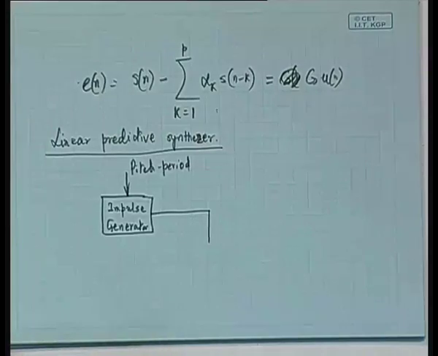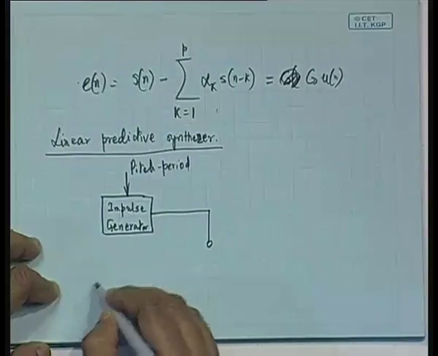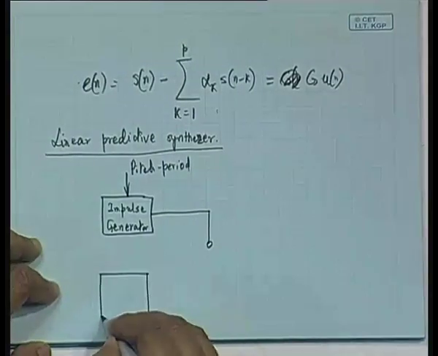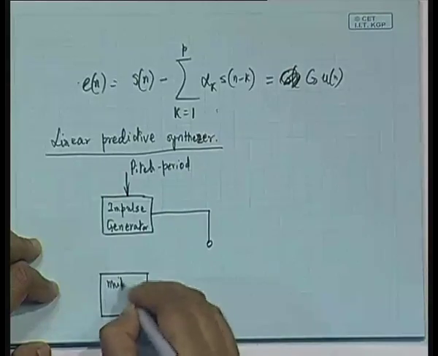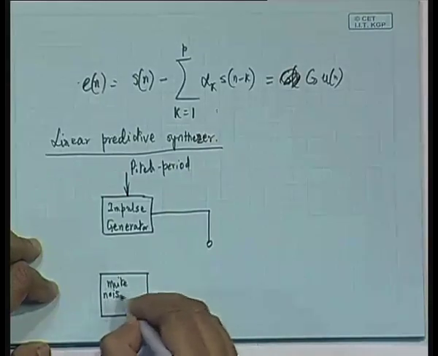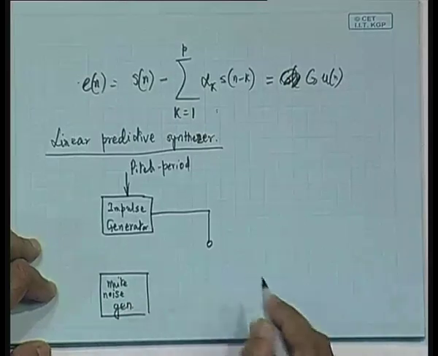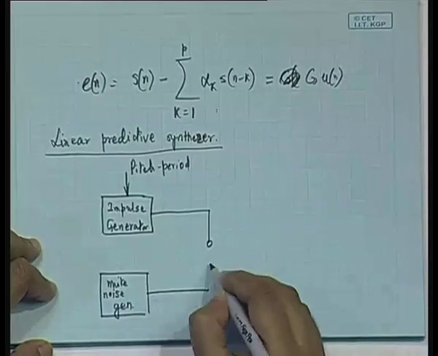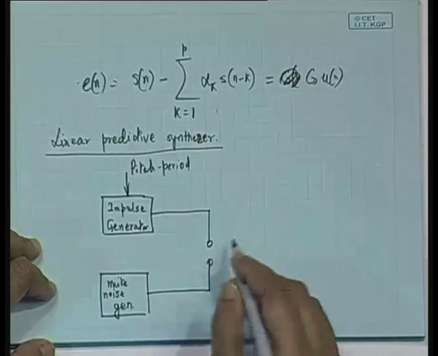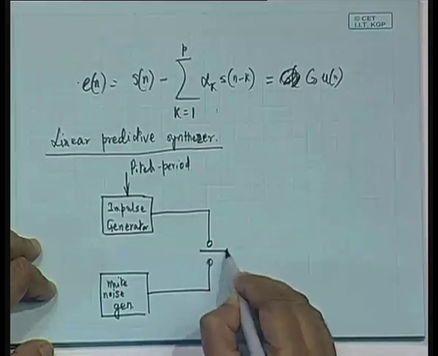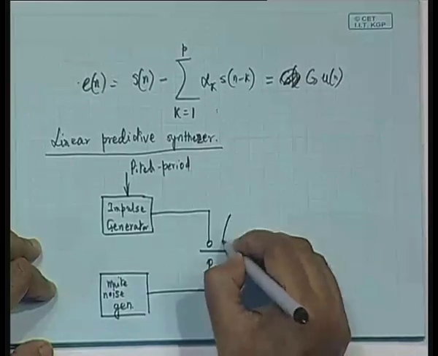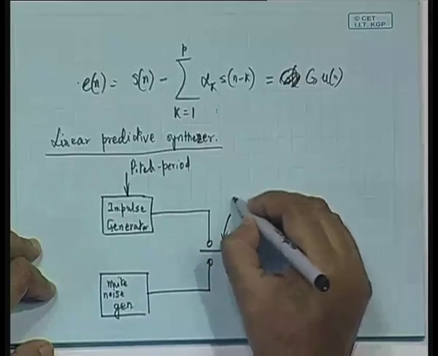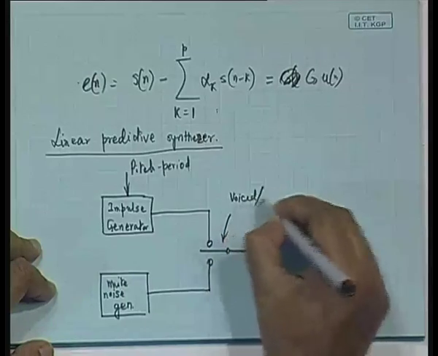Now, this train of impulses will be generated for the voiced speech, and for the unvoiced speech there will be a white noise generator. This white noise generator also will have its output over here, and then there will be a selector switch, which we will be referring to as the voiced unvoiced flag.